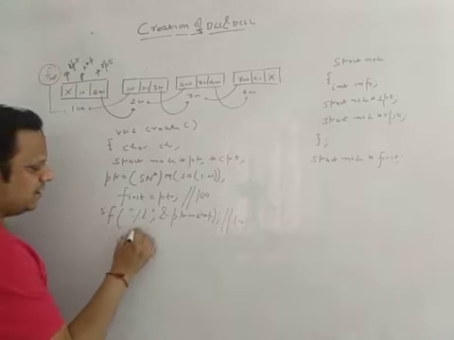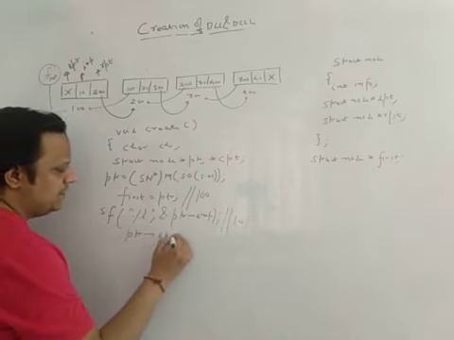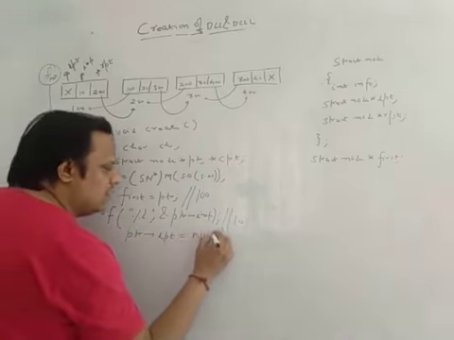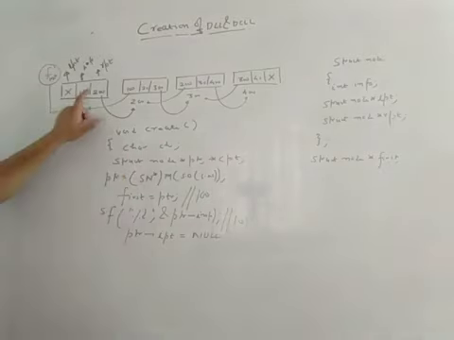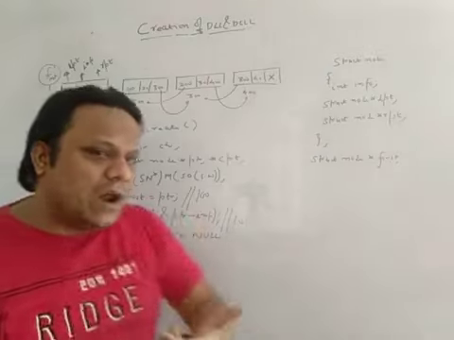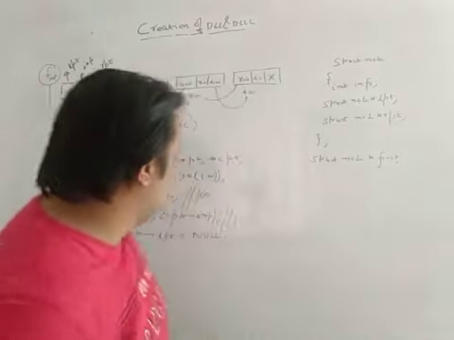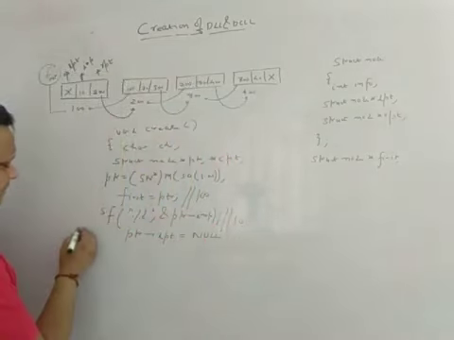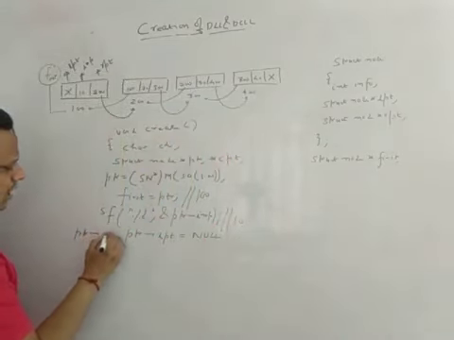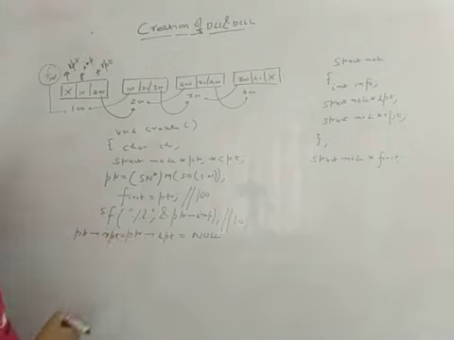So you write ptr arrow LPT is equal to null, right? And since you have not created any other node, this RPT will also be null because there is only one node. So if there is only one node, LPT is null and even the RPT both are null.